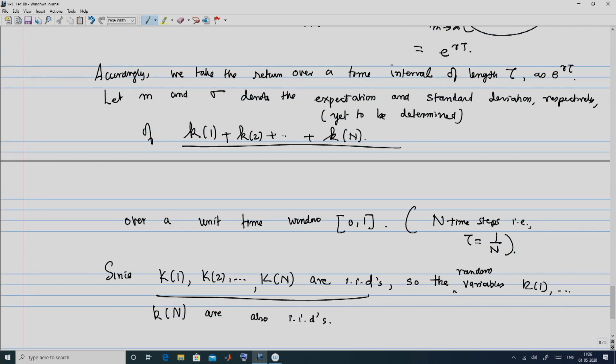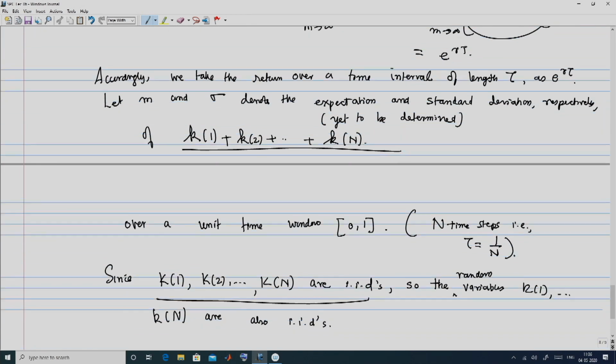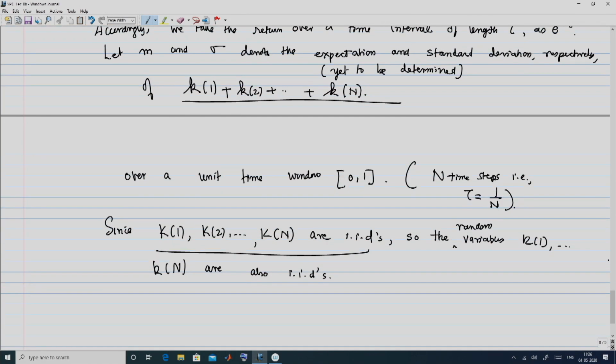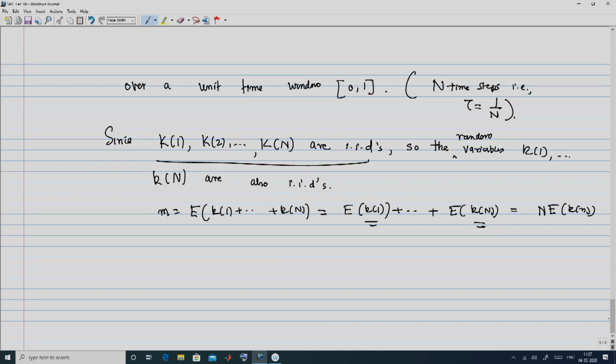So, that means I can write m is equal to expected value of k1 plus all the way to kn, and this, by the linearity property of expectation that we discussed earlier, and since these are all independent and identically distributed, they are going to have the identical mean, say E of some generic kn, and there are n such variables. So, this will be n times E of kn.